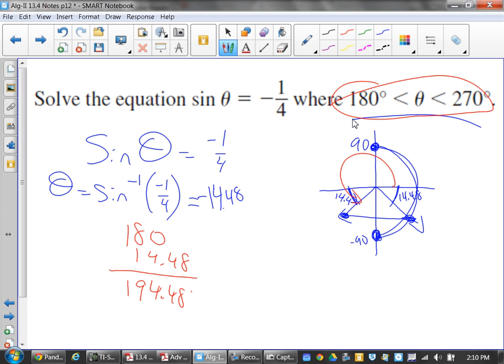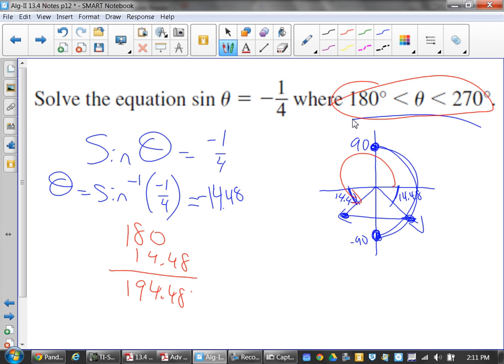What we're doing here is the first part allows you to find the reference angle, and then you just bounce it into some quadrant that it asks you to find. Okay? Remember, when you're bouncing reference angles, if you're going to go to the second quadrant, it's 180 minus the reference.